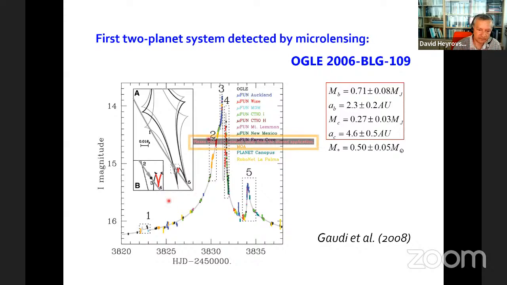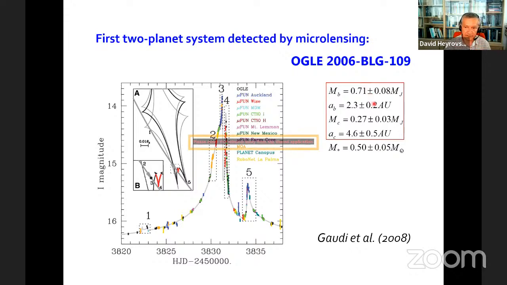And 4 of them, except feature number 4, can be explained by a two-point mass lens, just by a single planet. But there is an extra peak, which is fairly prominent, which cannot be explained whatever you do, even though you include orbital motion, which leads to a slight deformation of the caustic. You need to add another body to explain this feature, which causes this prominent feature observed by multiple observatories.